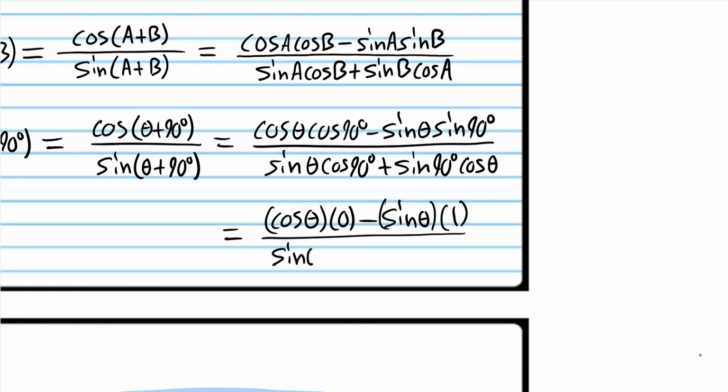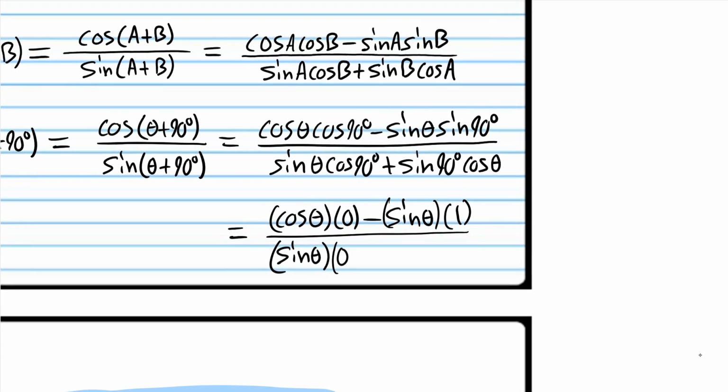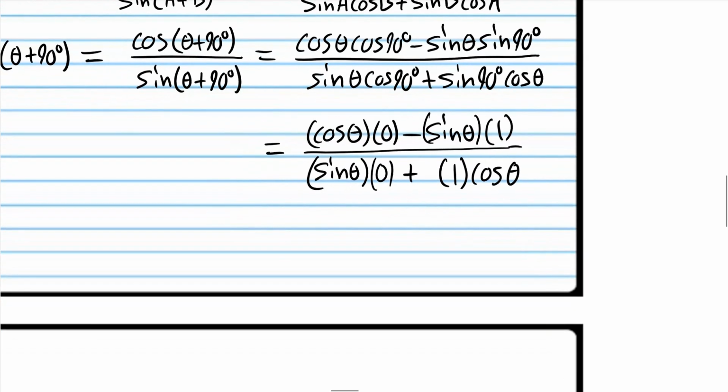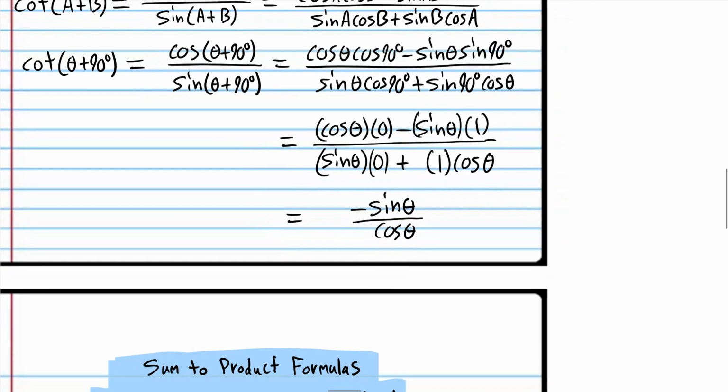Now, cosine 90 degrees, we already found that that's 0, plus sine 90 we found is 1, so plus 1 times cosine theta, and we have negative sine theta over cosine theta, which is equal to negative tangent theta.